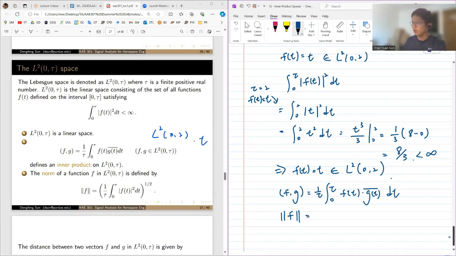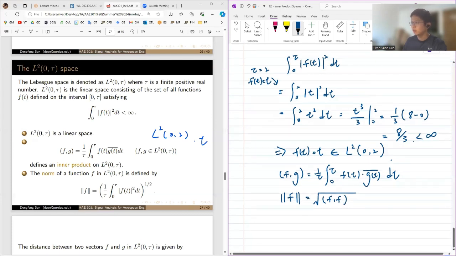Again, we start from the definition. The norm of a vector will be the square root of the inner product of f and itself.